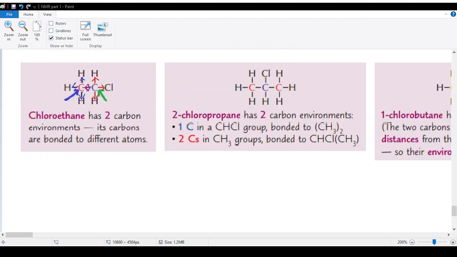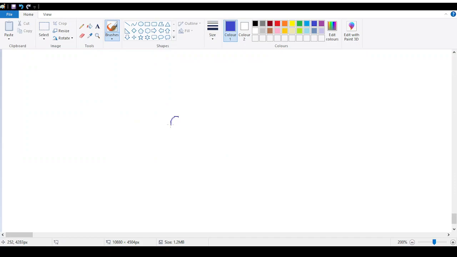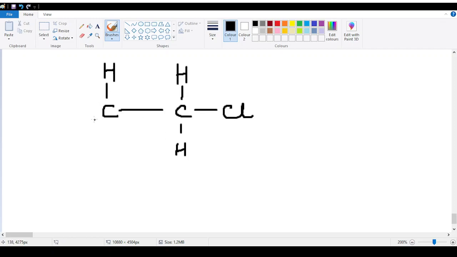Okay. Let me draw this again. All right. How many carbon atoms do you see here?